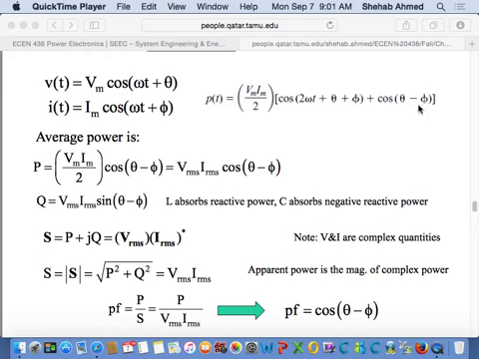This is a fixed value, right? The angle between voltage and current is a fixed value. So this is V RMS, I RMS times cosine of the power factor angle, right? And that's where we get our equation for average power from. And then from the power triangle, we can calculate the reactive power consumed by the system, the average reactive power.